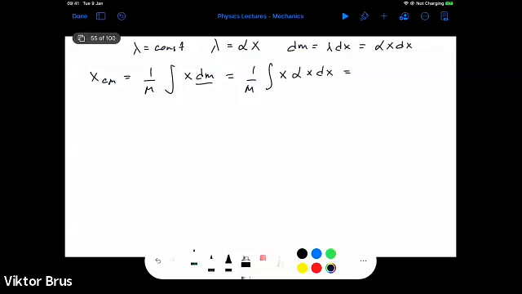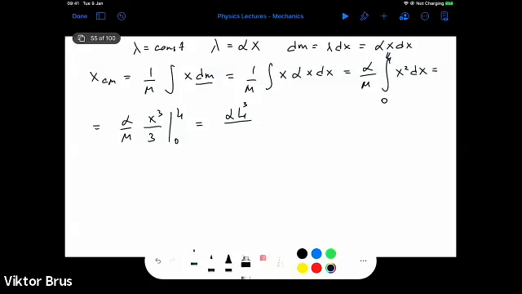Alpha is a constant. We can take it out from the integral. Integral x squared dx from 0 to L. This is equal to alpha over capital M, x cubed divided by 3 from 0 to L. And we get alpha L cubed divided by 3M.